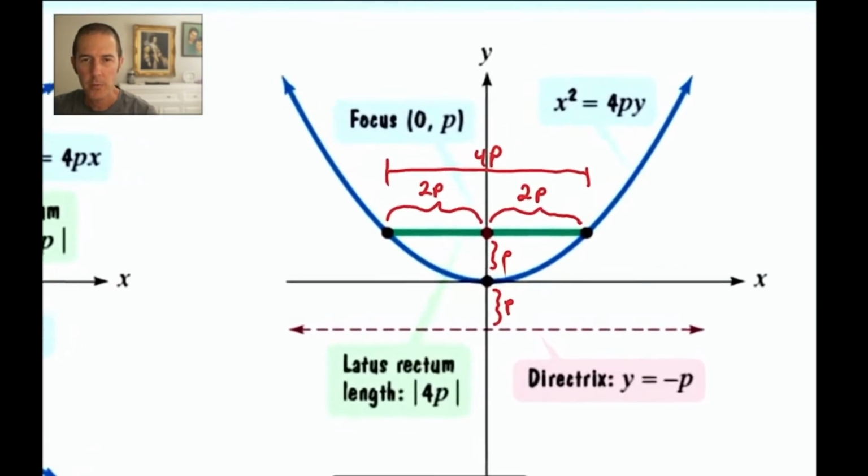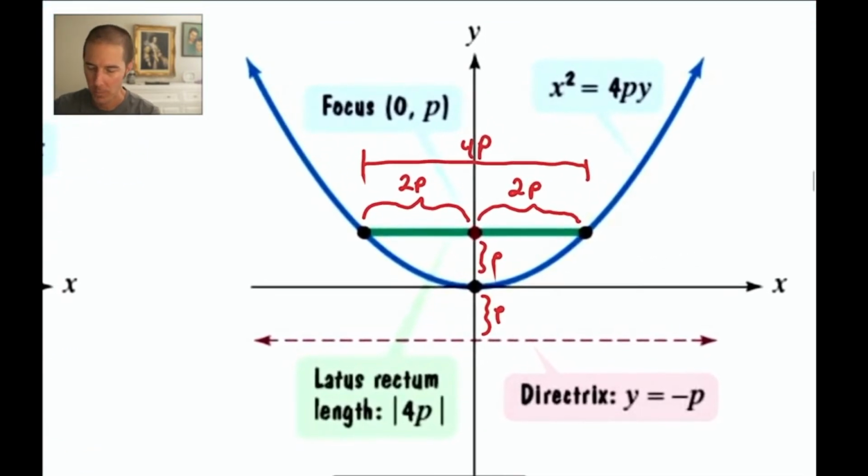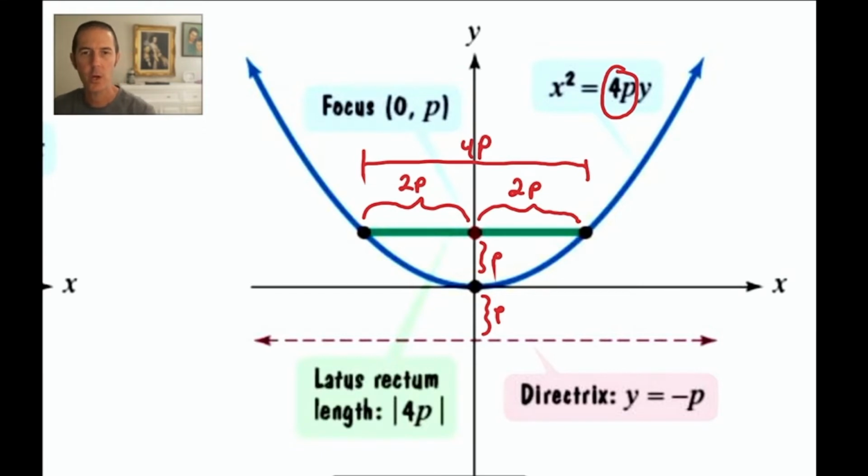I suppose I can point out also that for this particular equation, x equals 4py, it's that coefficient on the linear term, which is the y term here. It's that coefficient that's going to help us calculate our p value and 2p and 4p.